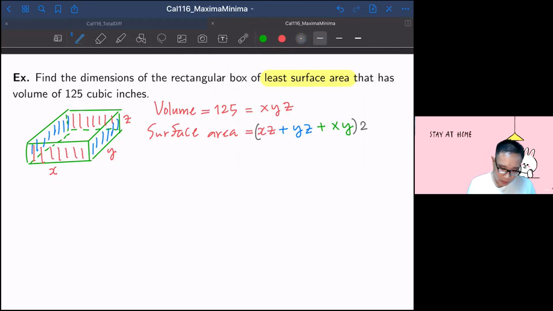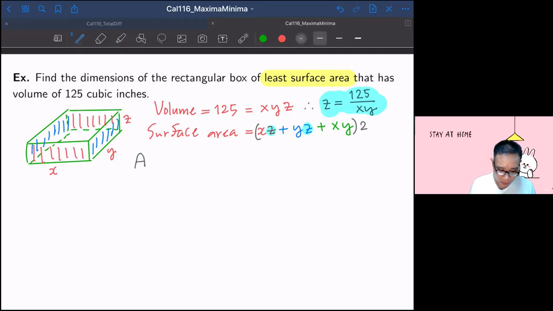From here you have z equal to 125 over xy, and you're going to plug everything in.